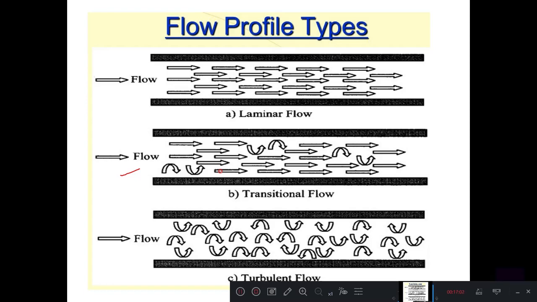Reynolds studied the conditions under which one flow changes into the other and found that the critical velocity at which laminar flow changes into turbulent flow depends on four quantities: the diameter of the tube, and the viscosity, density and average velocity of the liquid.